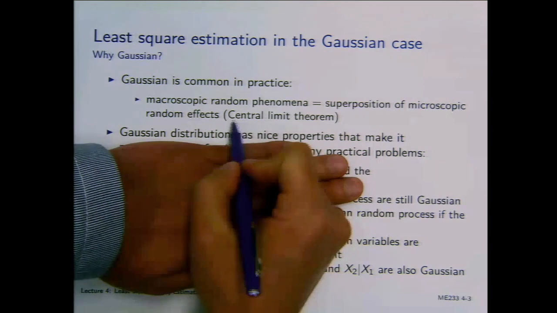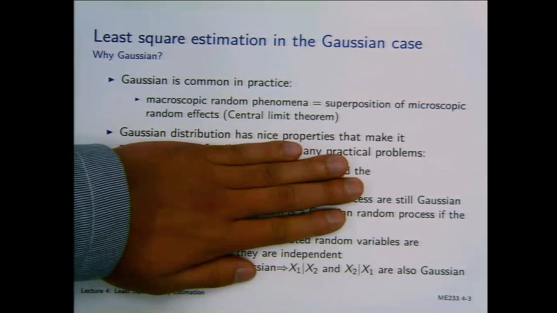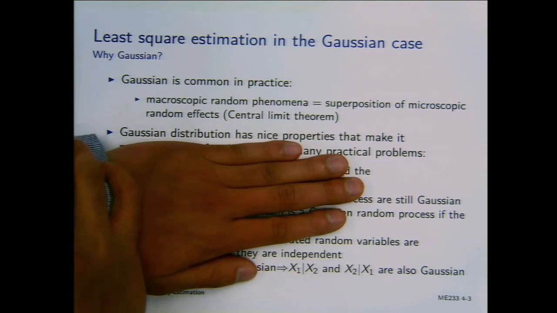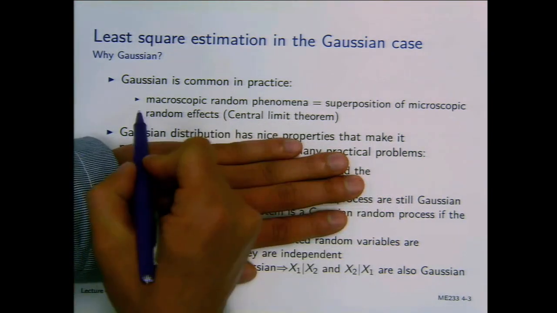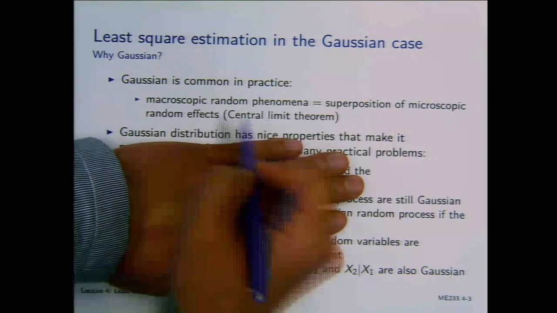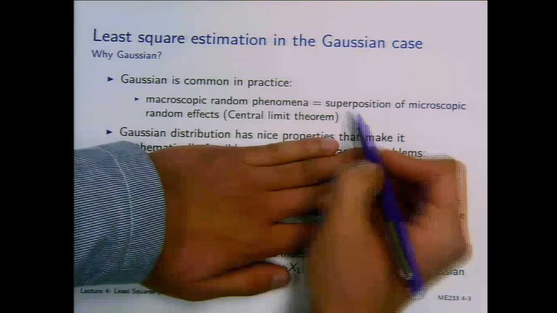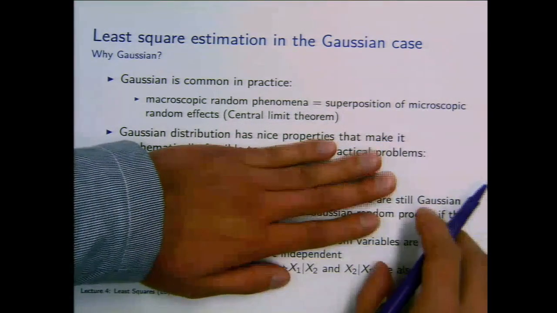We reviewed the central limit theorem, which says if a lot of random processes are identically independently distributed, then the summation of them will approximate the Gaussian. In the real world, we have a lot of randomness all over the world. And then the superposition of this randomness is going to give us Gaussian. That's why Gaussians are common in practice.